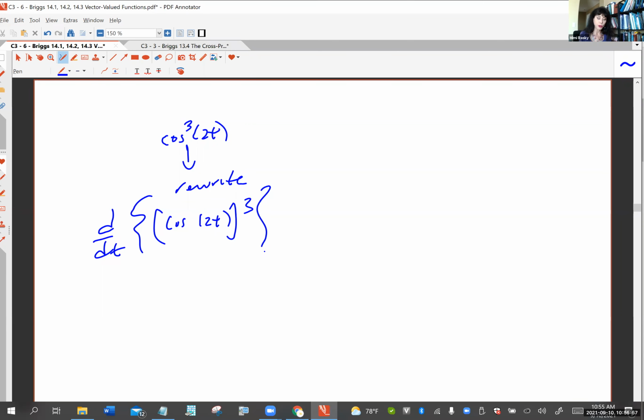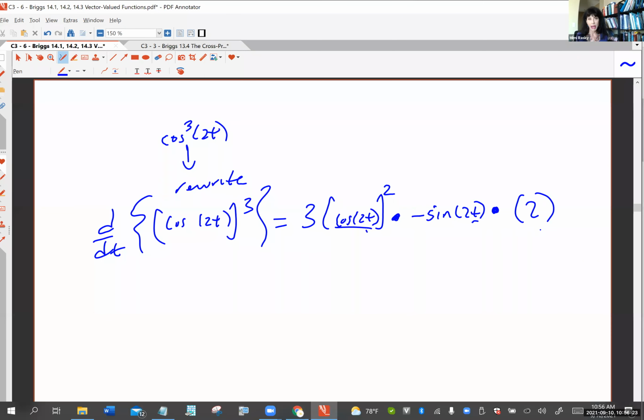So you're going to use the general power rule first. You're going to go 3 times cos of 2t to the second power times, this is why they call it a chain rule, you're chaining it all together, the derivative of cos, which is negative sine 2t, times the derivative of the argument 2t, which is a 2. Now clean this up.